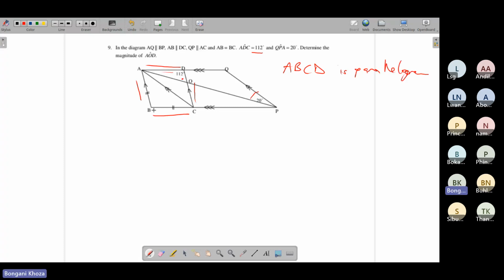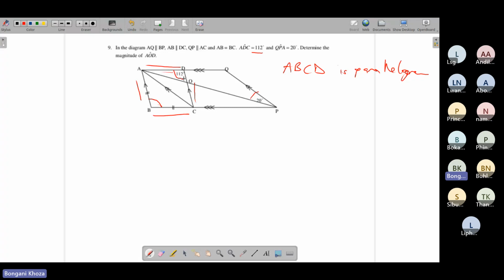We know that the opposite angles in a parallelogram, this and that, are equal. So we can say in parallelogram ABCD, angle D is equal to angle B, as those are opposite angles of a parallelogram.